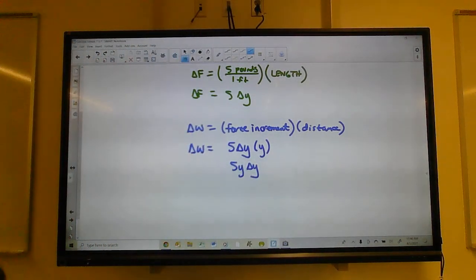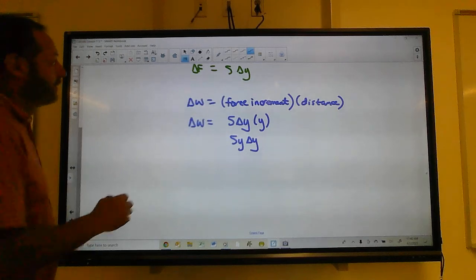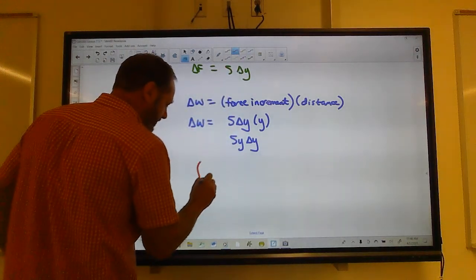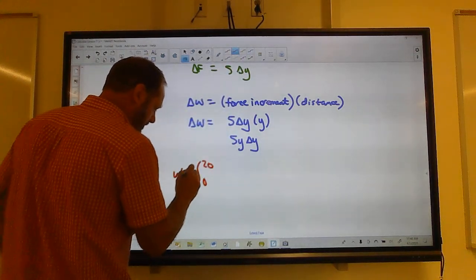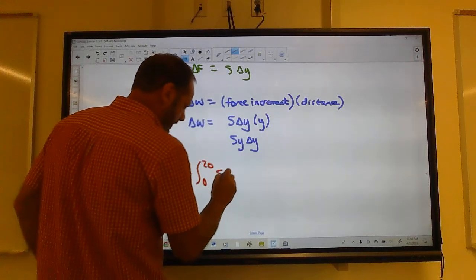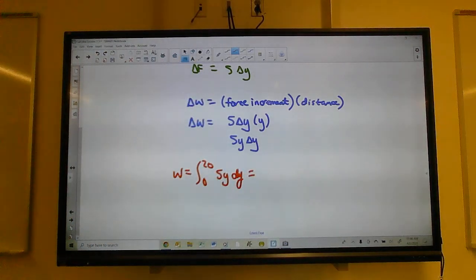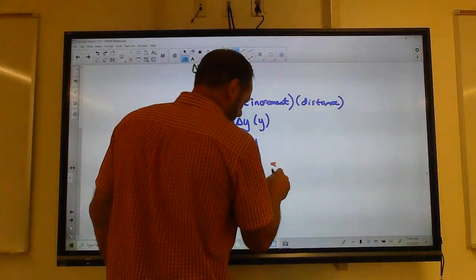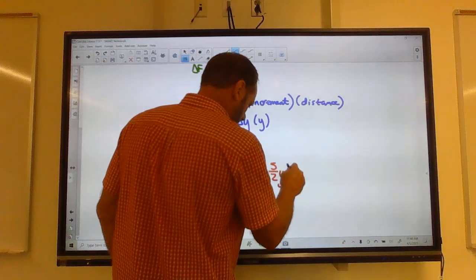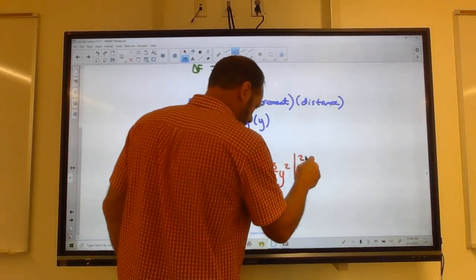So we're going to integrate that. We're going to integrate from 0 to 20, 5y dy. So that's easy to do. That's going to be 5 halves y squared evaluated from 0 to 20.